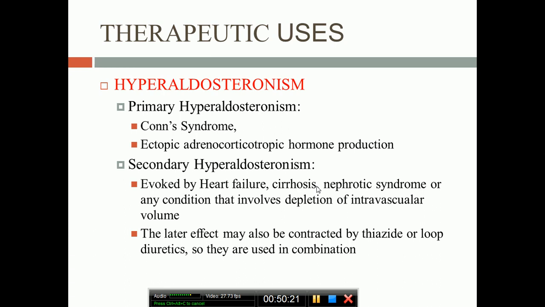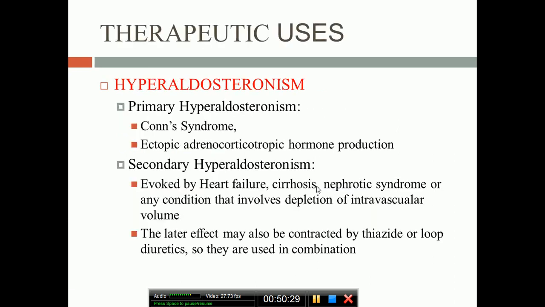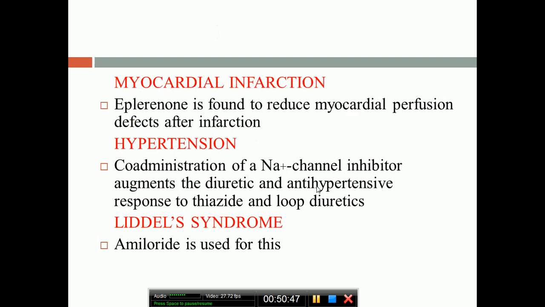The latter effect may also be caused by thiazide or loop diuretics, so they are used in combination. If you give loop diuretic or thiazide diuretic, which can cause hypovolemia, this can also cause increased level of aldosterone. So thiazide or loop diuretics might be combined with potassium sparing diuretics.